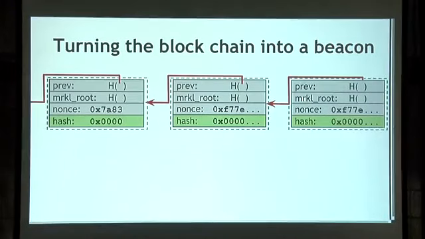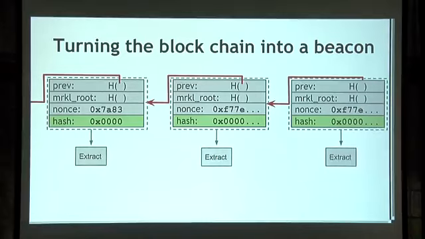We simply take every block in the chain, take the entire value of the block header, and run it through an extractor function. An extractor function, without going into all the details here, is sort of like a hash function, and is designed to squeeze all of the random data out into one uniformly random string. And that will give us a nice randomness beacon. Every time a block is published in Bitcoin, we have new output from the beacon.